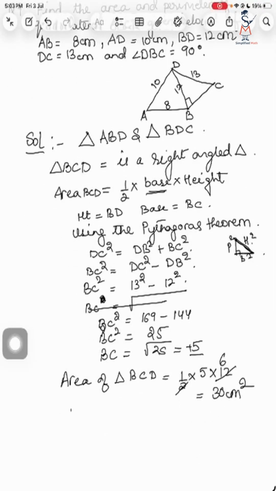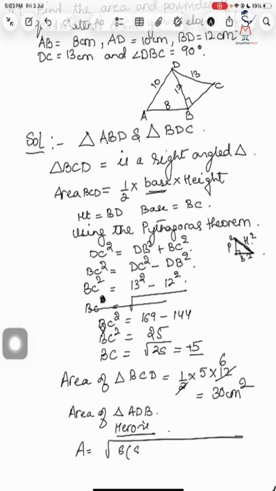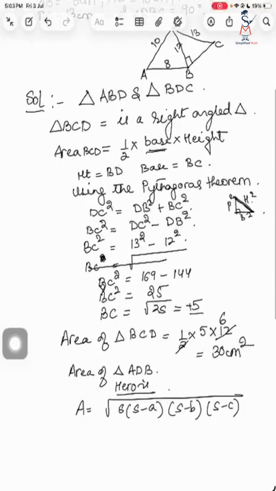Now we will find the area of triangle ADB or ABD, anything you can say. ABD is a scalene triangle because all the sides are different. So using Heron's formula, area is root under S into S minus A, S minus B, S minus C. What is S?